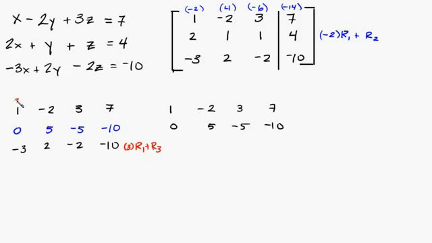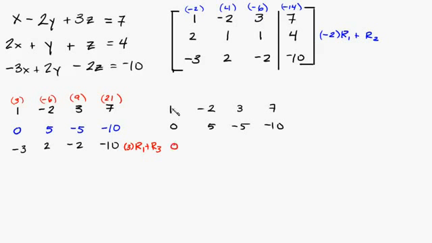So 3 times 1 is 3. 3 times negative 2 is negative 6. 3 times 3 is 9. And 3 times 7 is 21. Okay, so now I'm going to add this new row 1 to this row 3 here. So it's going to give me this. 3 plus negative 3 is 0.